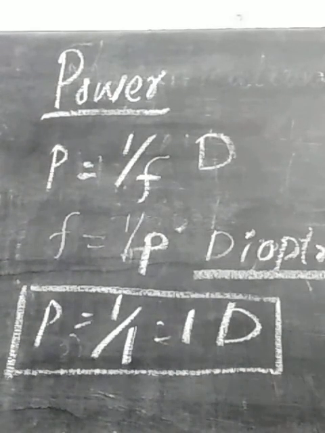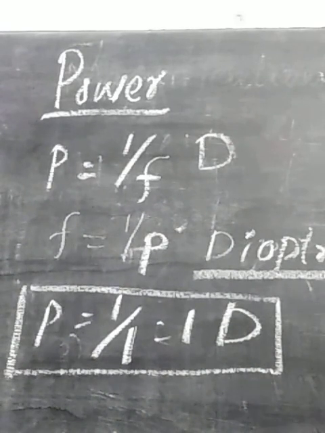So 1 diopter is the power of a lens whose focal length is 1 meter. So you may note that the power of a convex lens is positive, and that of a concave lens will be negative, because F is positive in the case of a convex lens and negative in the case of a concave lens. So power can be positive or negative, that depends on the sign of the focal length. Okay, for a convex lens F is positive, so power is also positive.